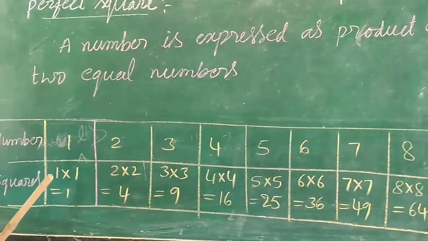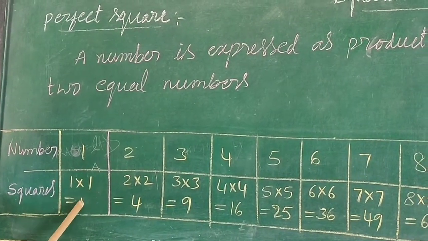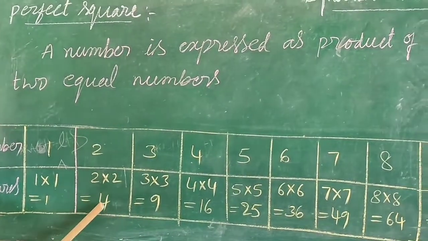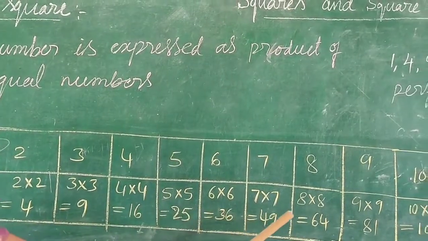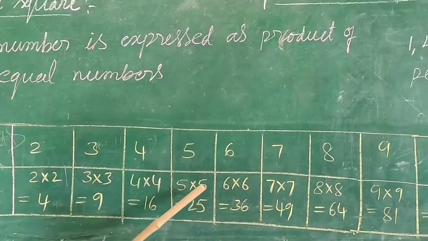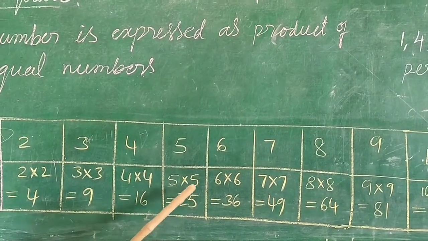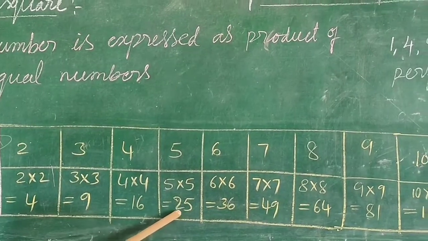Now I find the squares, the product of two equal numbers. 1 into 1 is 1. 2 into 2 is 4. 3 into 3 is 9. Similarly, 5 into 5 is 25. 25 is a perfect square number.